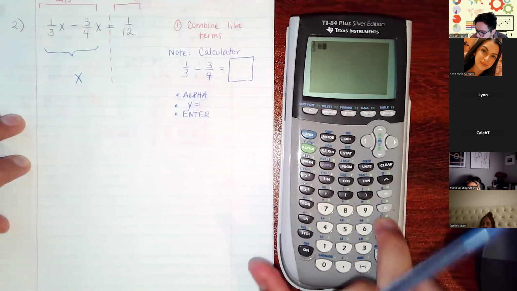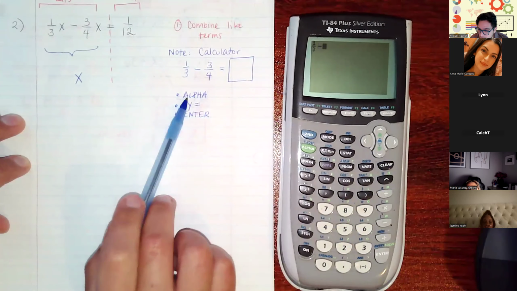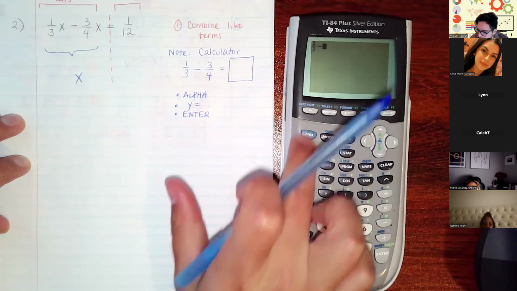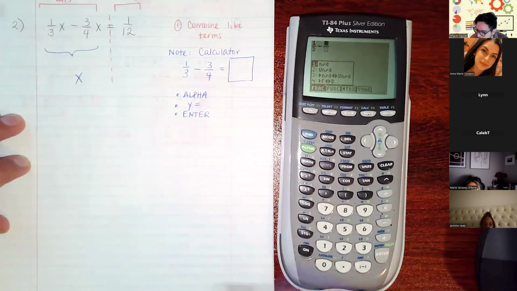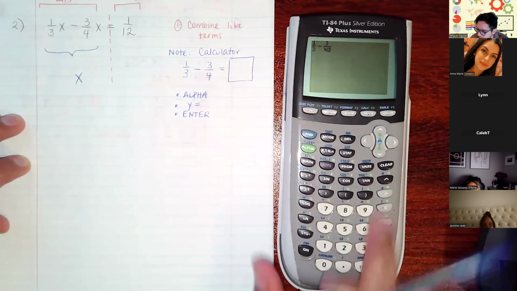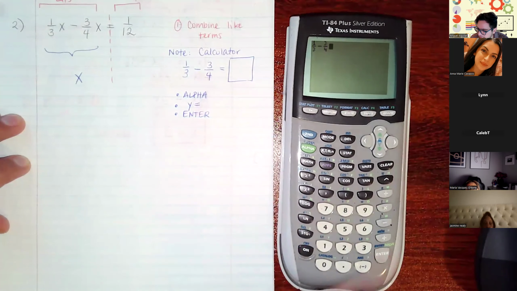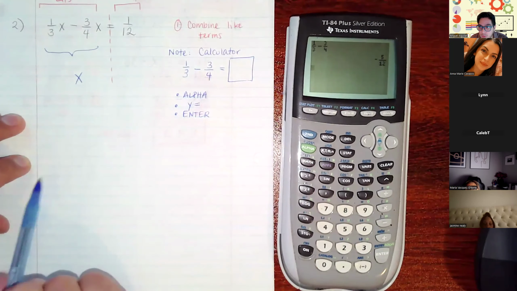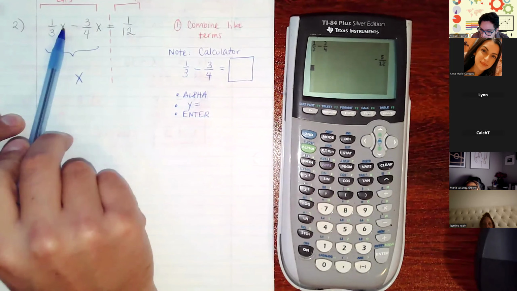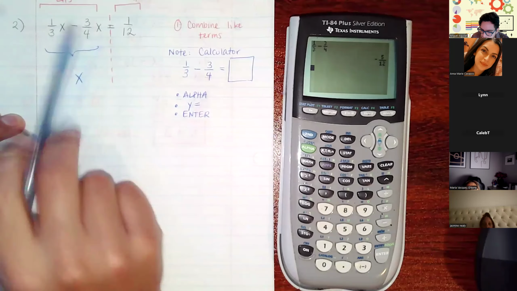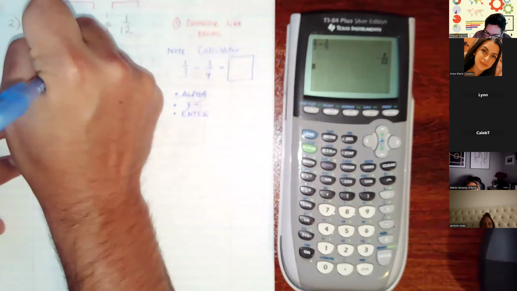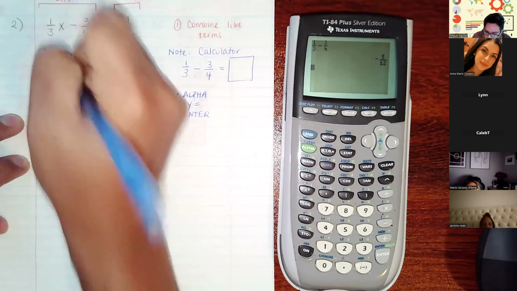So I'm going to put subtract, and then I'm going to do this sequence of buttons again. Alpha y equals, hit enter to get that fraction. 3/4, and then just hit enter, and the calculator does the work for you. So 1/3 x minus 3/4 x is -5/12x.